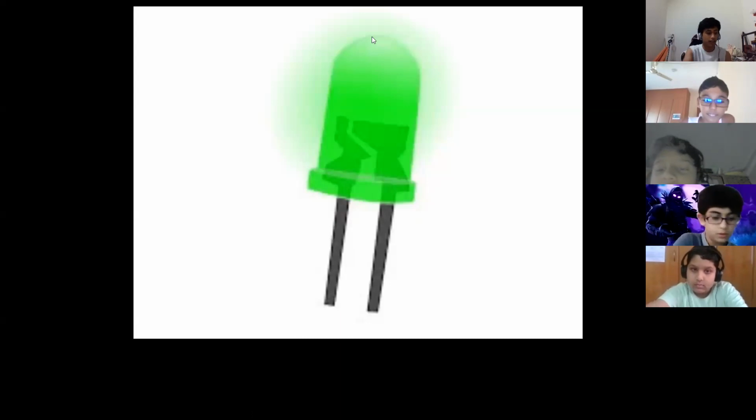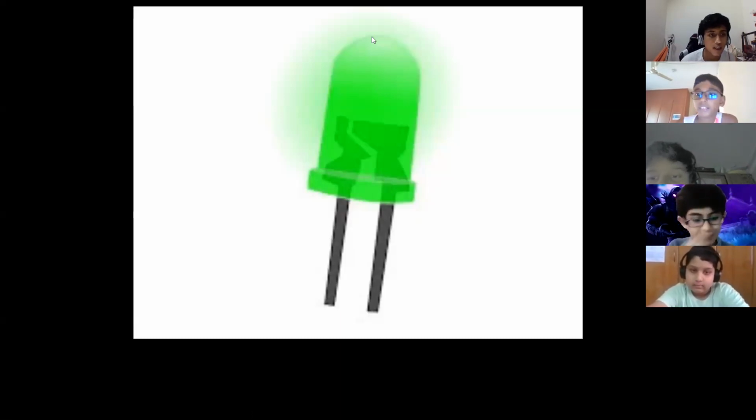Yes, it's LED. All of you are right. The longer side is anode or cathode? These are basics, and the same thing applies to capacitors and all of that. So I want you all to have a basic idea of that.